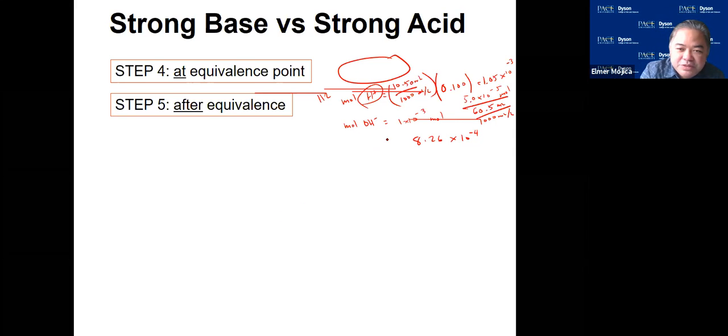Which will lead me to what pH? Anyone? What is the equivalent pH for that? For those who have not answered anything yet. What's the corresponding pH for that value?